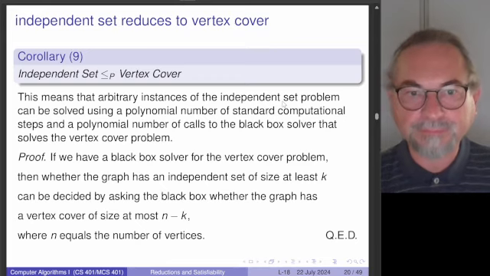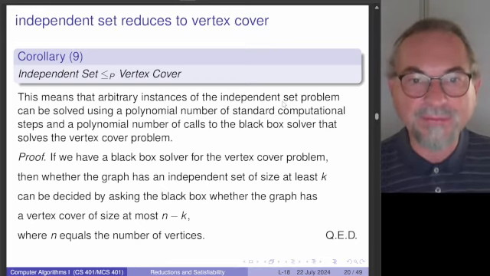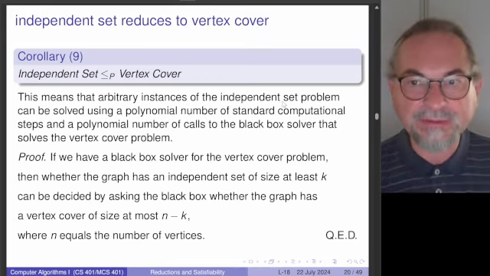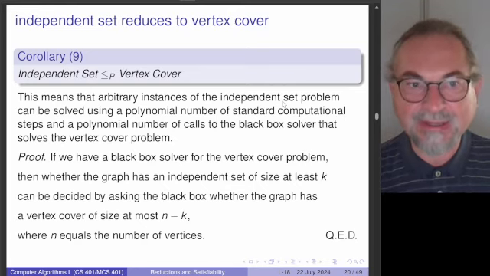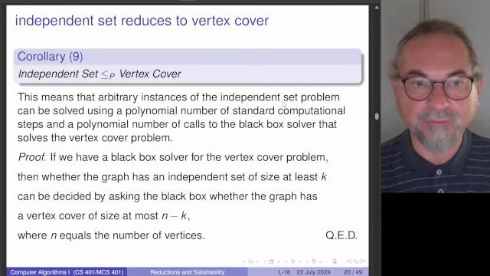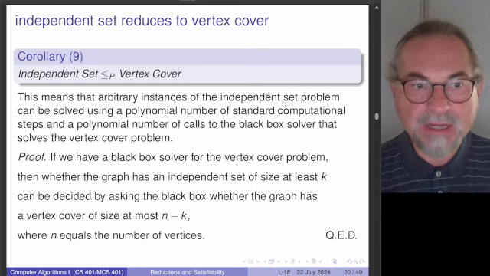Since these two problems are equivalent, it means that they can be reduced to each other. So independent set can be reduced in polynomial time to vertex cover. If we have a black box solver for vertex cover, then whether we have a graph that has an independent set of size at least k can be decided by asking the black box solver whether the graph has a vertex cover of at most n minus k.